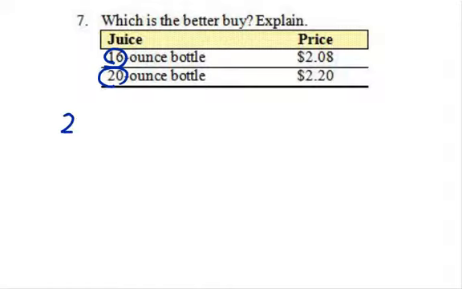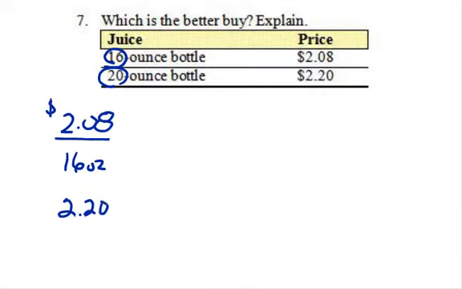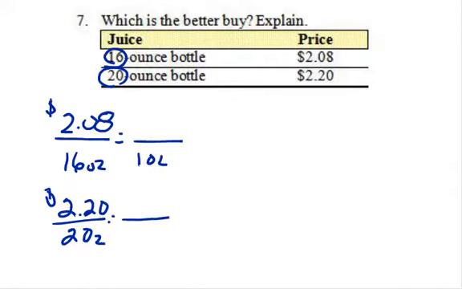So this is another unit rate question. So it's $2.08 for 16 ounces, and we're comparing that to $2.20 for 20 ounces. And the comparison we can make is, how much is that for 1 ounce for each of them?